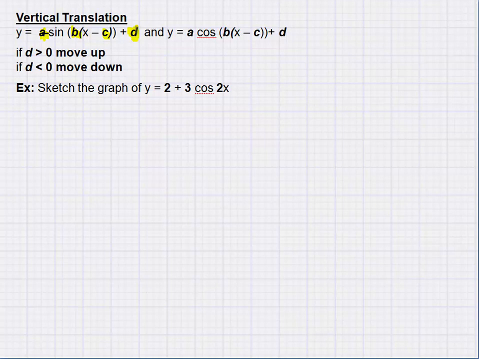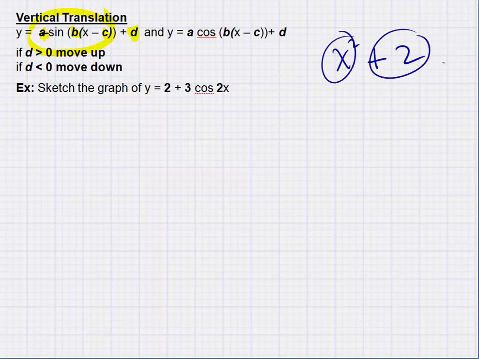The D is added to the entire function, a lot like x squared plus 2. When we add something to the entire function, it moves it up or down. If D is positive, it moves it up; if it's negative, it moves it down. And that goes for sine and cosine.